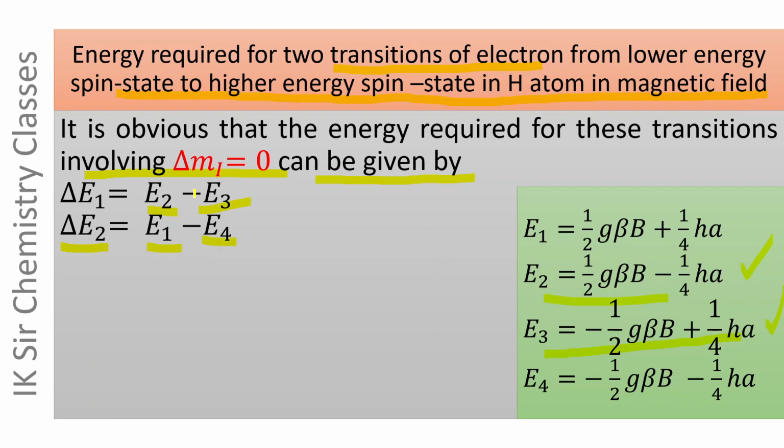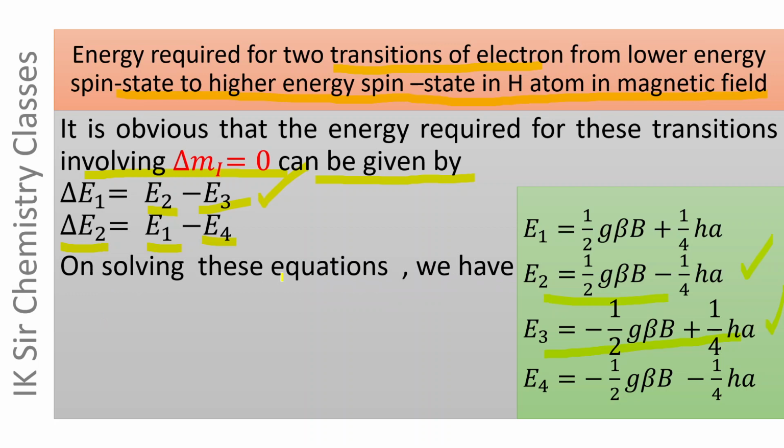On putting the values of E1, E2 and E3, E4 in these expressions, on solving these equations, we have delta E1 is equal to E2 minus E3. If this quantity is subtracted from this one, it will become positive and it will become negative, G beta B minus HA by 2. Similarly, delta E2 is E1 minus E4.